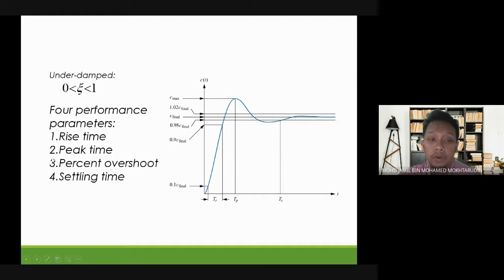These 4 parameters, we will use again in lecture chapter 5. So I want you from now to understand how to find these, maybe from graph or from formulas. Let's look at these performance parameters one by one.